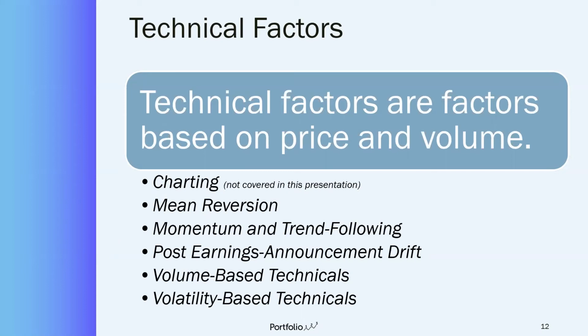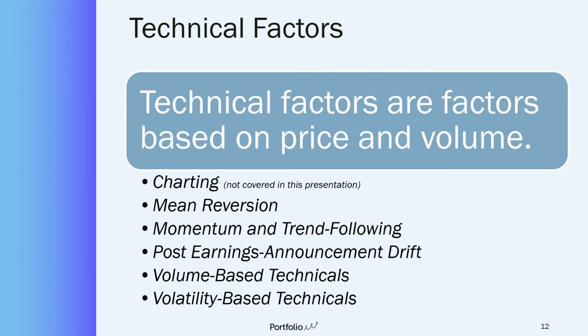Charting, and we're not going to cover charting because it doesn't work. There have been a lot of academic studies, and they have concluded that charting is kind of like astrology. And also, it's impossible to automate with Portfolio123. Mean reversion is a second factor.